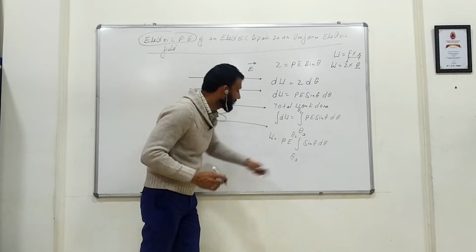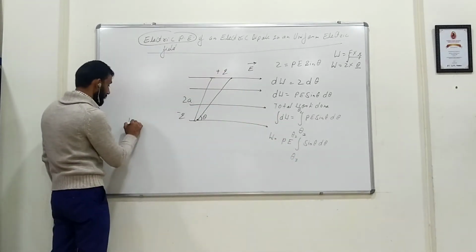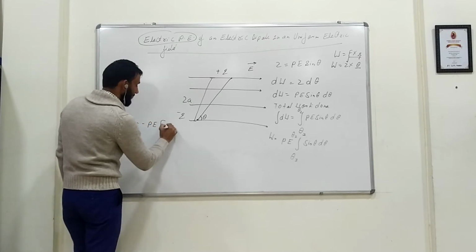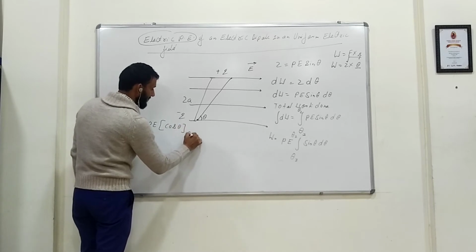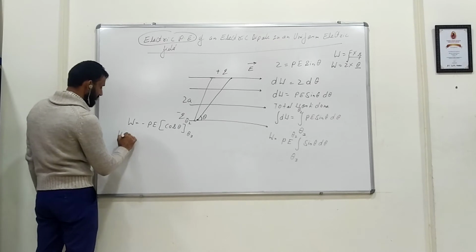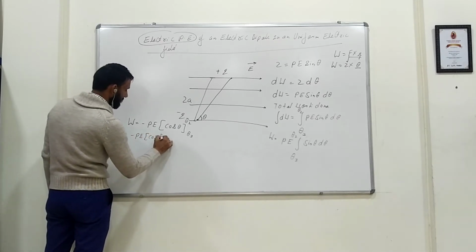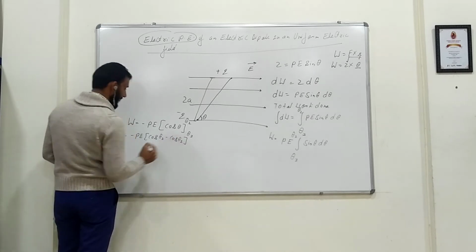Now what will happen? Integration of sin theta is minus cos theta. So W is equal to minus pE, and then in place of sin theta will come cos theta, from theta 1 to theta 2. Now using upper limit minus lower limit, minus pE, it will be cos theta 2 minus cos theta 1, right?